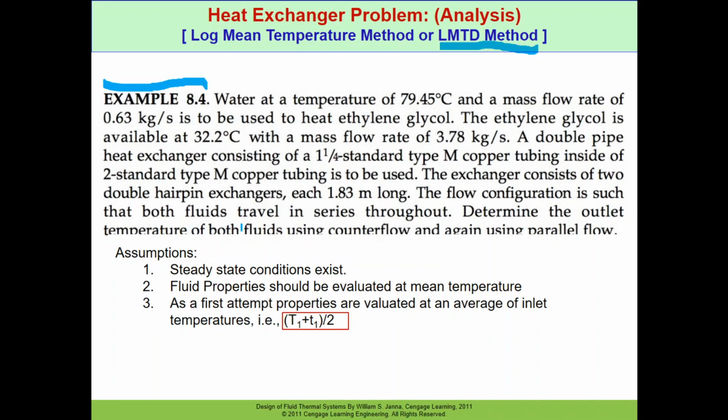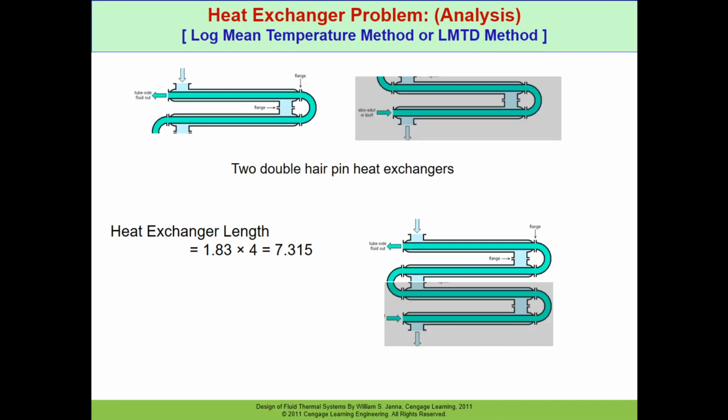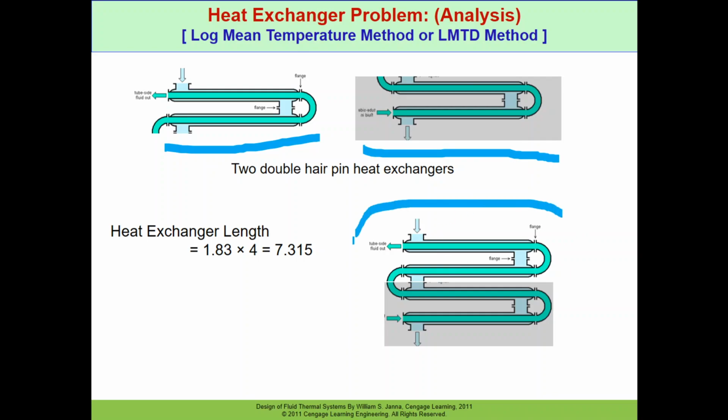Determine the outlet temperature of both fluids using the counterflow and again using the parallel flow. So the two double hairpin heat exchangers. Let's say this is one hairpin and this is another hairpin, and when you connect them in series combination, you can see that it will look like this. So this is the one hairpin, and this is another hairpin, and when you combine them, it will look like this, the series combination of the two hairpins.